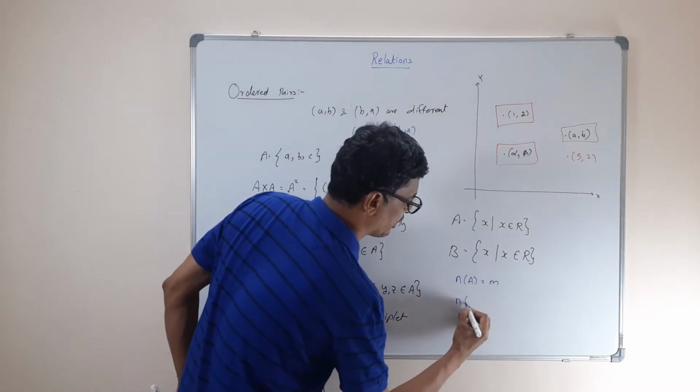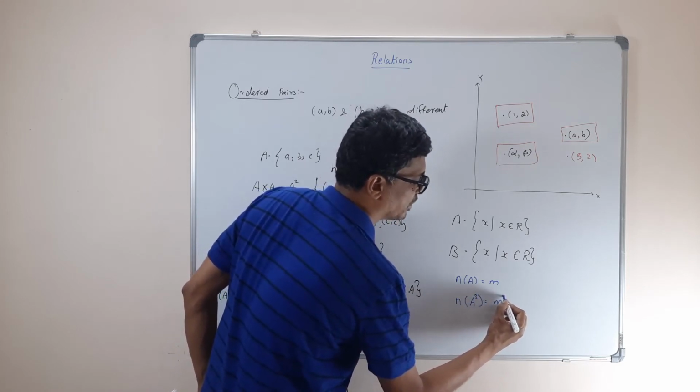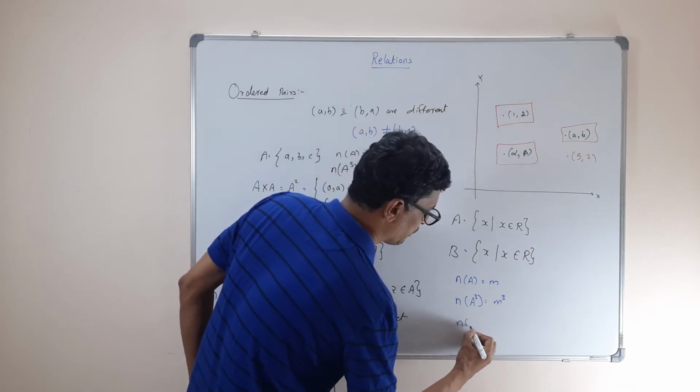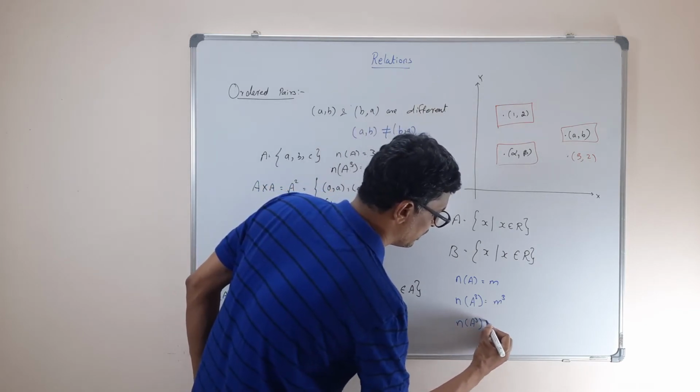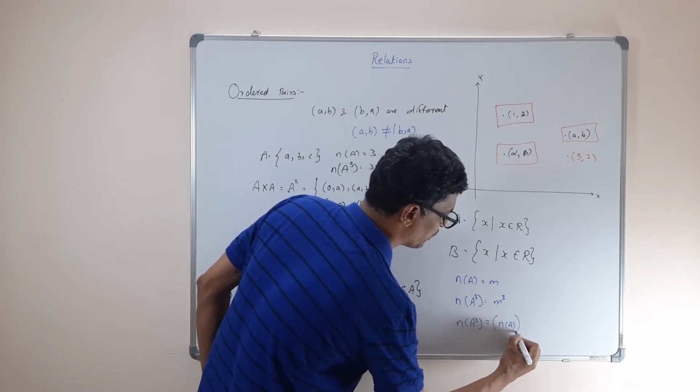What is n of A cube? It is m cube. So n of A cube is equal to n of A whole cube.